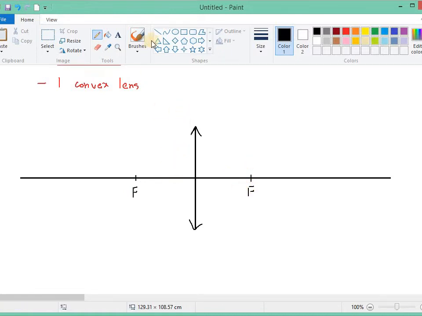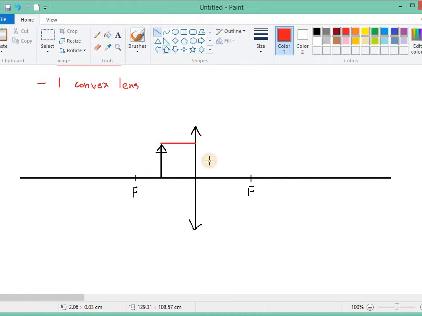If we put the object between the focal point and the lens, anywhere between the focal length and the lens, then we will be able to magnify the image.